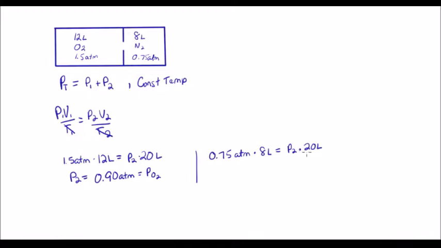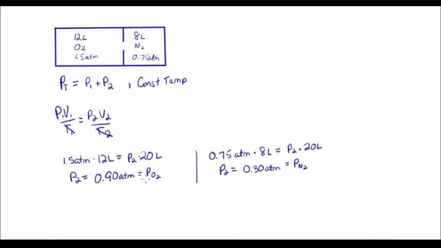So we can once again solve for P2, and in this case, P2 equals 0.30 atmospheres. All right. And that would also be the partial pressure of your nitrogen.